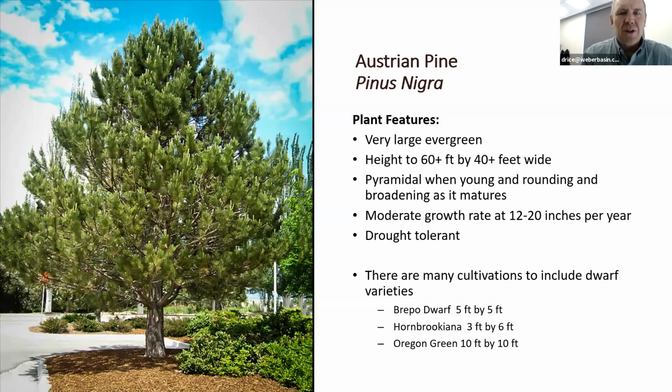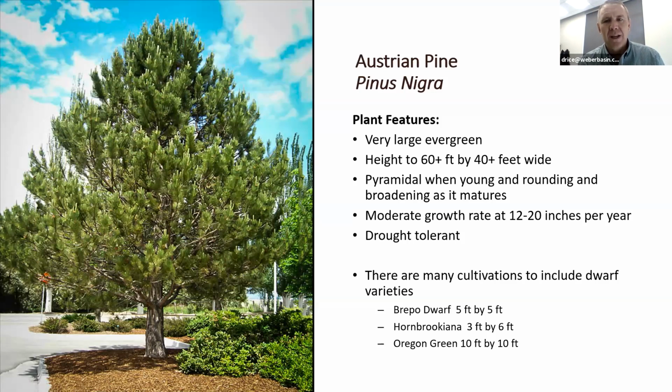So as I mentioned, I'm going to talk about some really large trees. I'm going to talk about some small trees. I should say, almost in every case, like the genus, Pinus, and then there's a species, so genus and species name, there's going to usually be a dwarf cultivation of that variety.